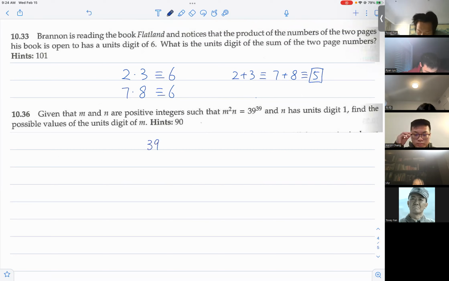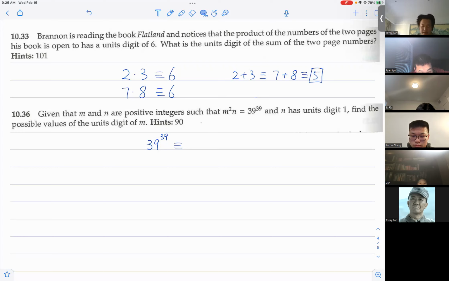Since you're only interested in the units digit, can we simplify 39 into a smaller number? Okay, just 9.